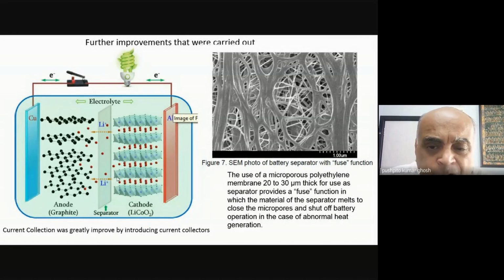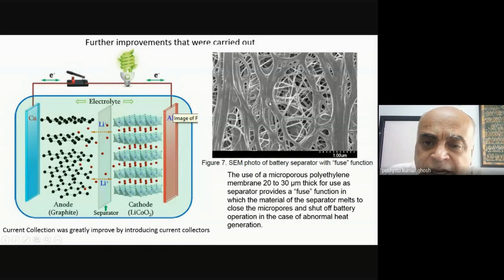What Yoshino did, I don't know if Yoshino or some other person in his company, I'm not very sure who did this, but they did something extremely clever. They introduced a spacer, a separator. And the separator happened to be just a film of polyethylene.